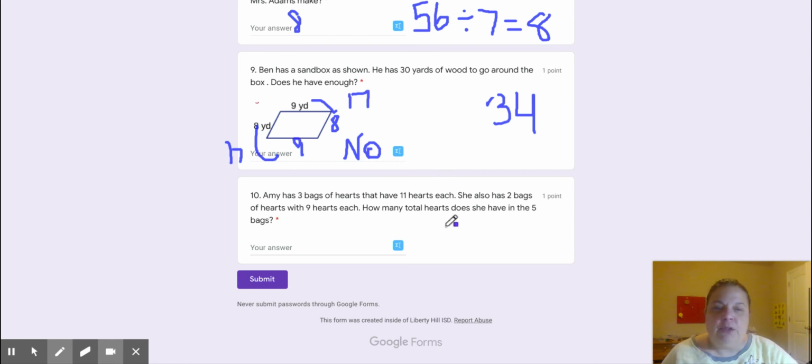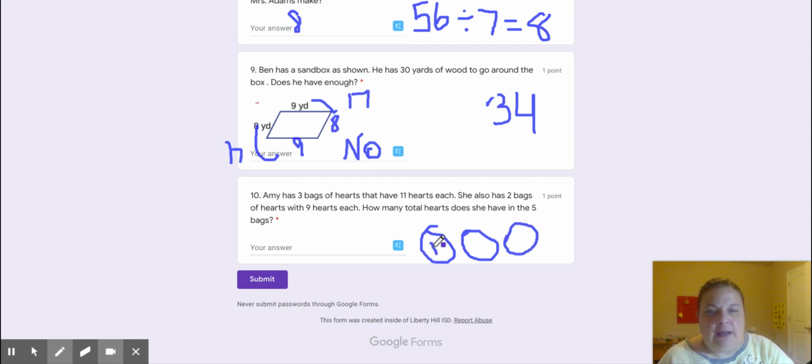All right. Number 10 was a multi-step problem. You have to do a little more thinking on this one. Amy has 3 bags of hearts that have 11 hearts in each bag. So let's draw a picture here: 3 bags, and each one of these bags has 11 hearts in them. So this is a total of 33. But she also has 2 bags with 9 hearts.